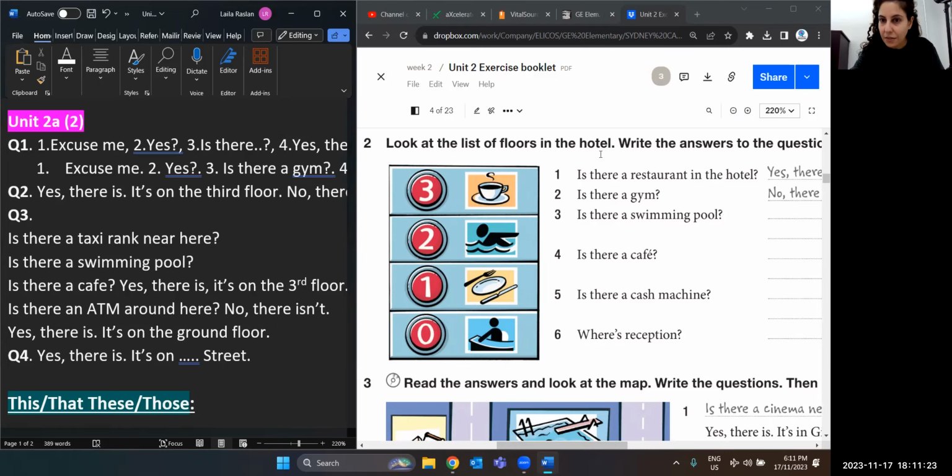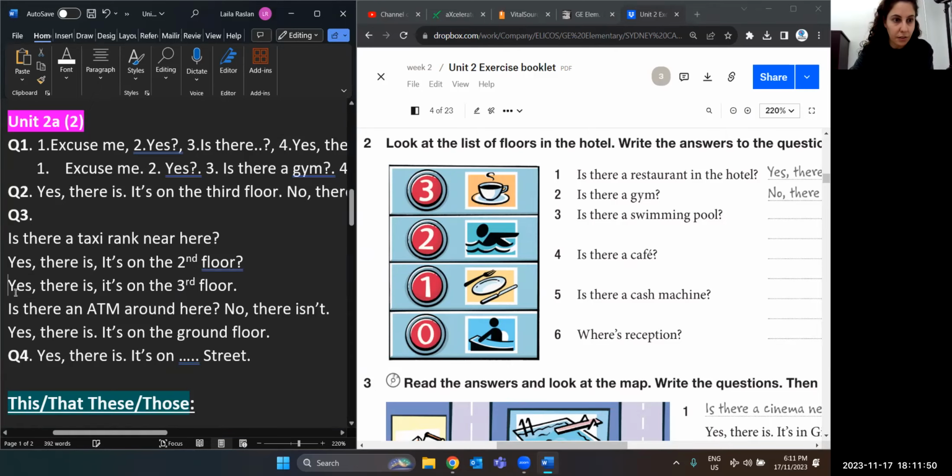So let's go back. The first one, is there a restaurant? Yes, there is. Is there a gym? No, there isn't. Is there a swimming pool? Yes, there is. It's on the 2nd floor. Is there a cafe? Yes, there is.